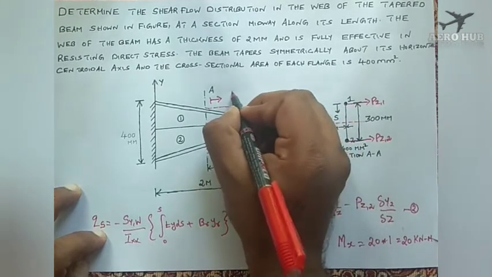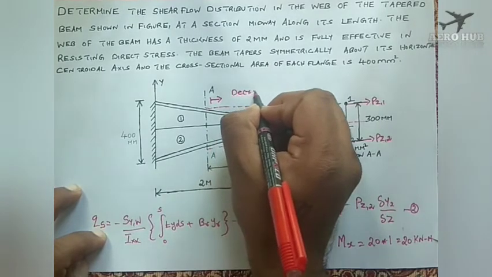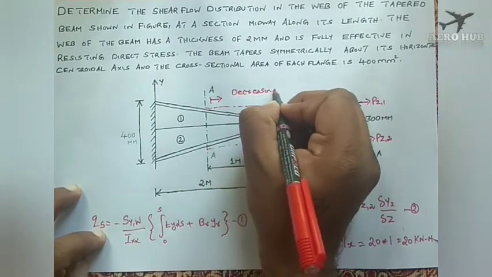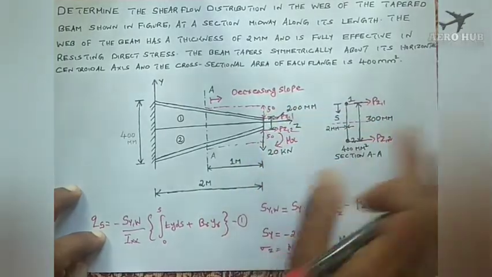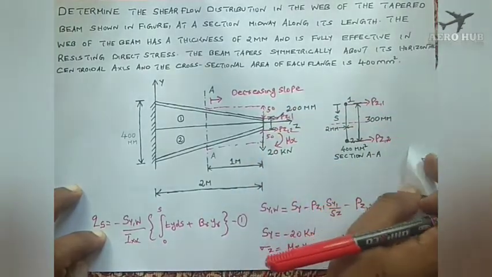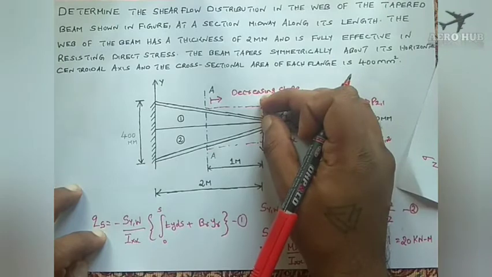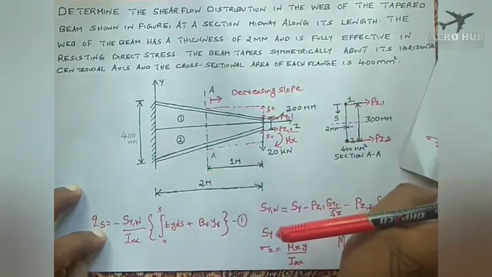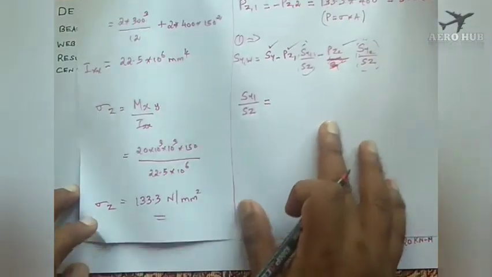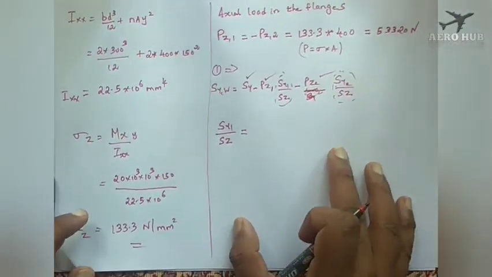This is a decreasing slope. So delta y1 is nothing but this length, that is 50, and delta z is 1 meter.